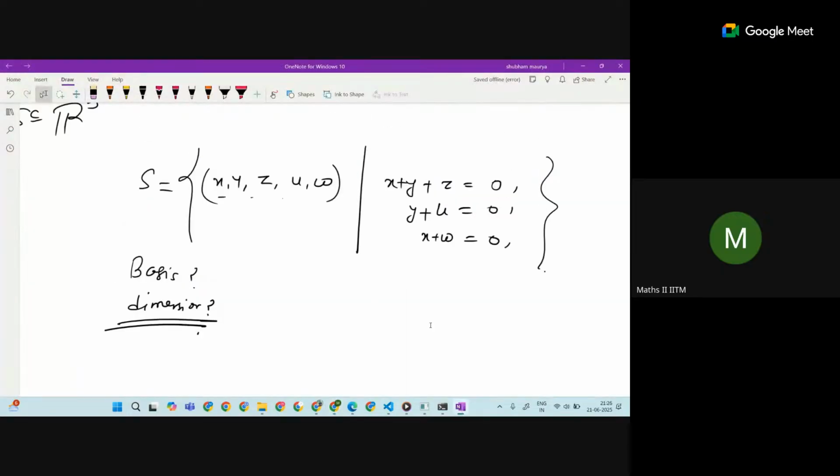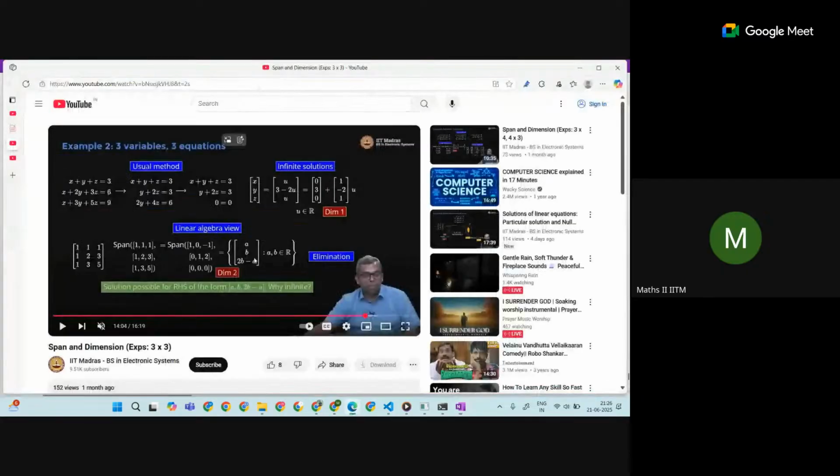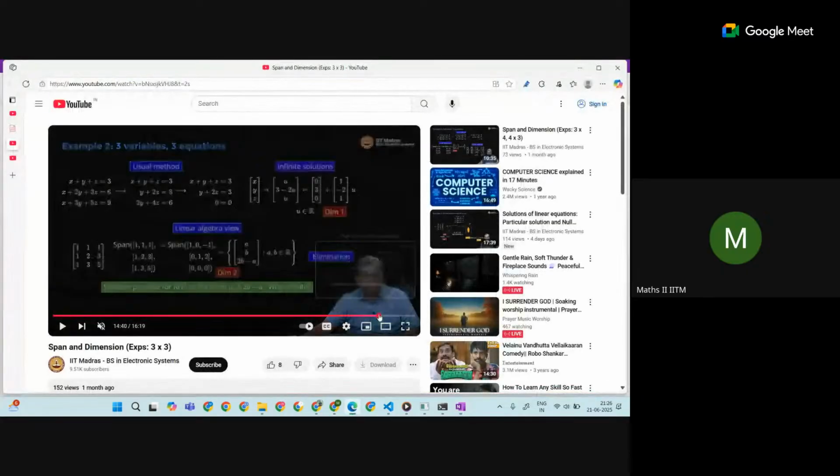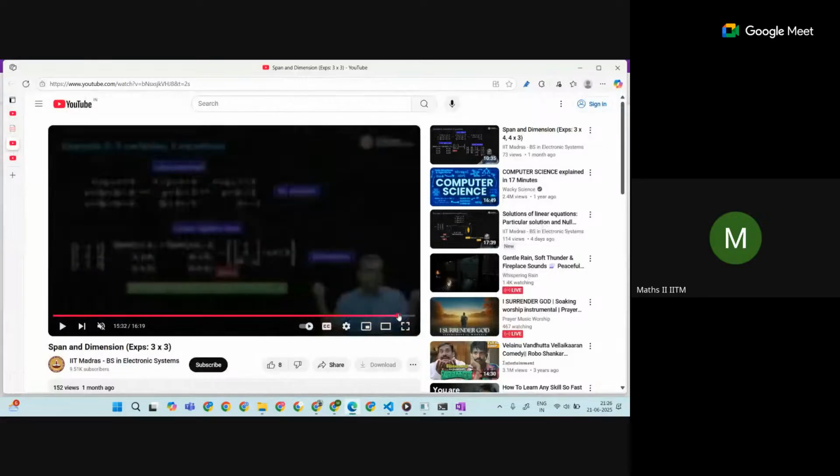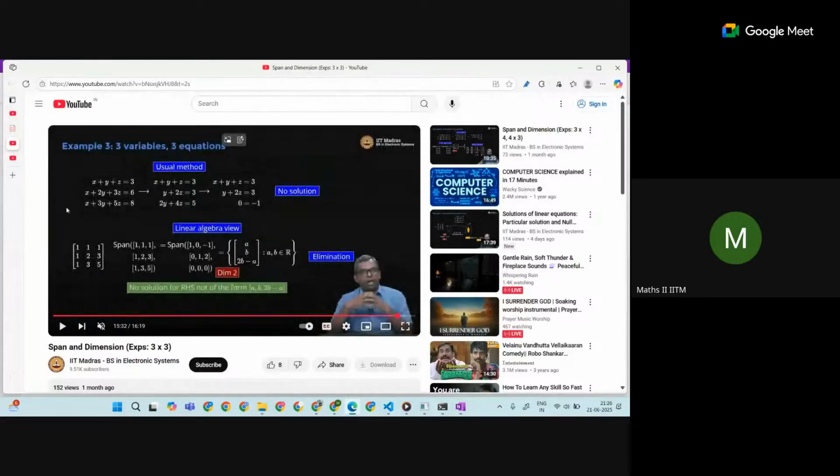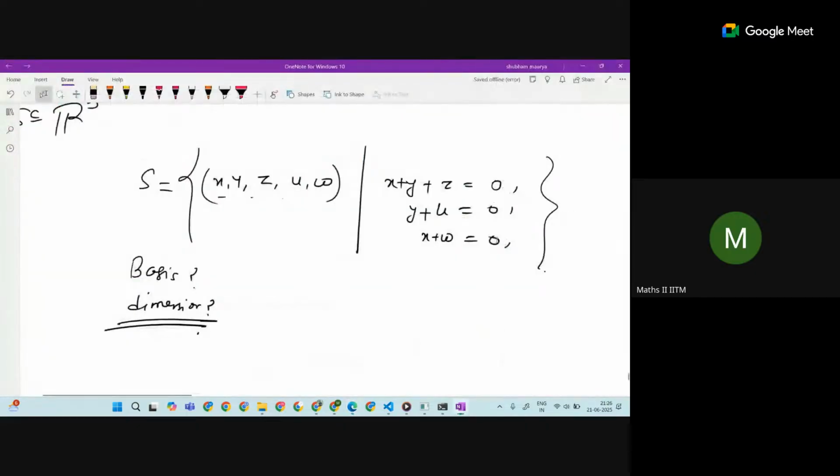Actually, whatever the professor is solving, he is showing the way to solve a system of linear equations, with 3 variables, 4 variables. But there the right side has some constant numbers. In our case, the right side is 0.